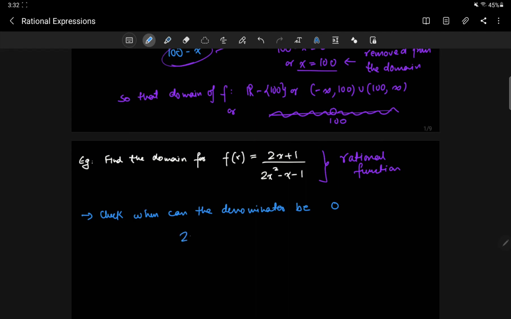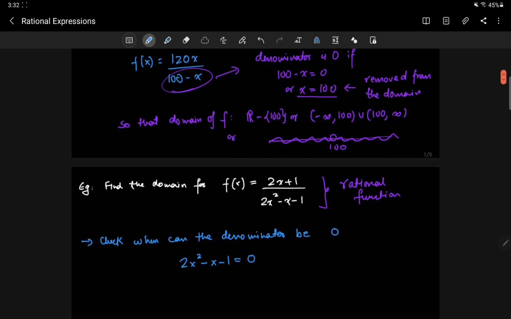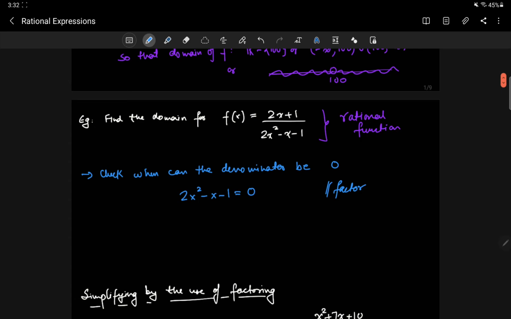This can happen when 2x squared minus x minus 1 is 0. This is not as straightforward as the previous one, however, it can be solved by factoring. To factor this, I'm looking for two numbers whose product is 2 times negative 1, that's negative 2. There are only two possibilities: 1 and negative 2, or negative 1 and 2. For the first one, the sum is negative 1, and for the second one, the sum is 1. So the first is going to work.